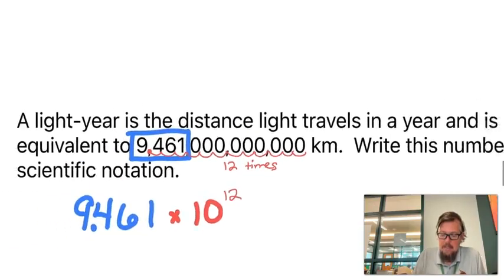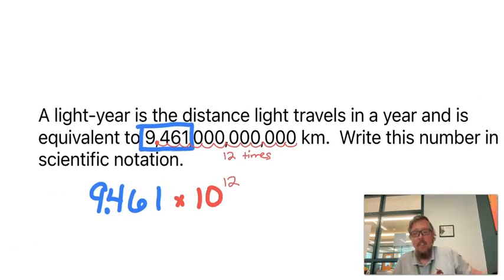So the distance light travels in a year, written in scientific notation, is 9.461 times 10 to the 12th power.